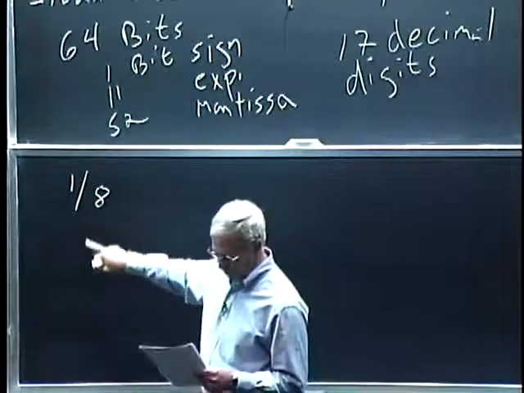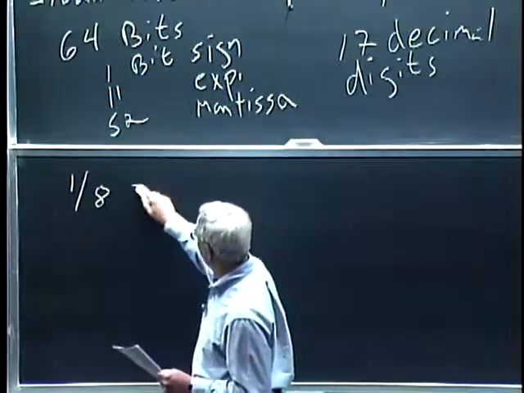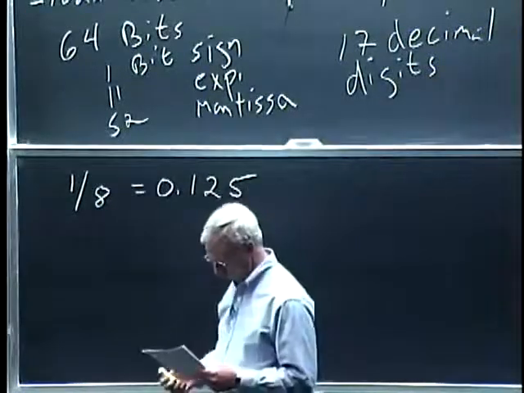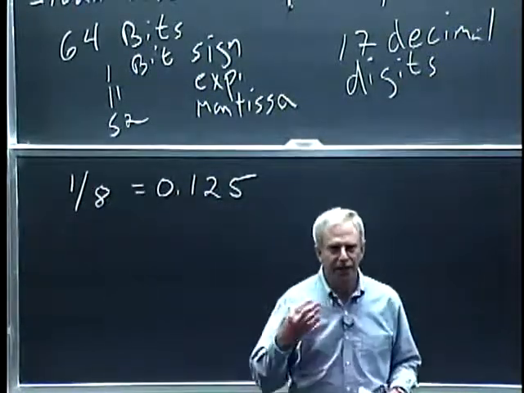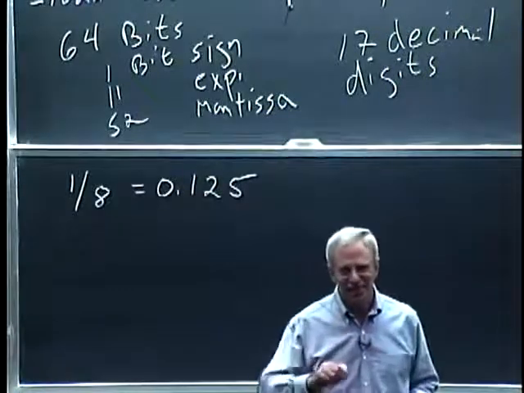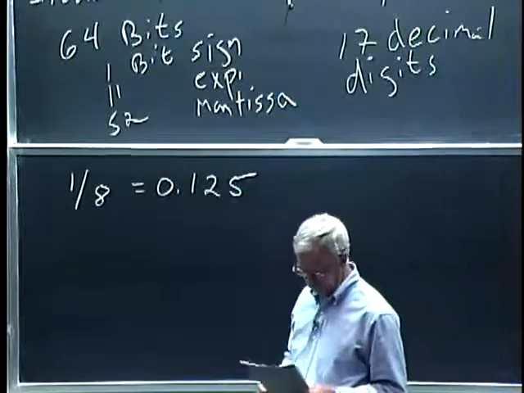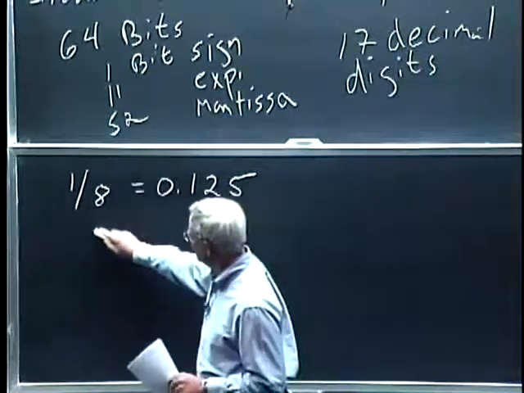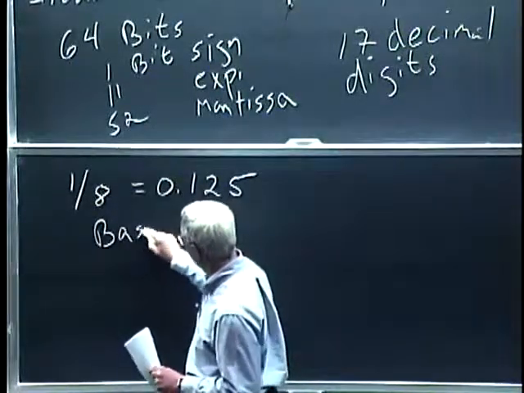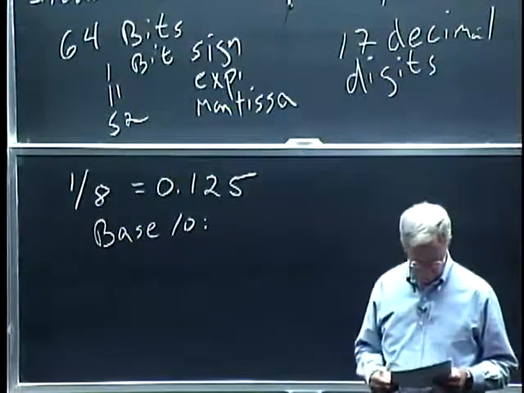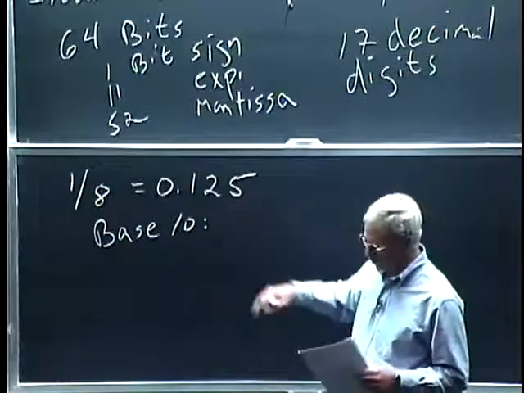That has a nice representation. That's equal in decimal to 0.125. And we can represent it conveniently in both base 10 and base 2. So if we want to represent it in base 10, what is that equal to?